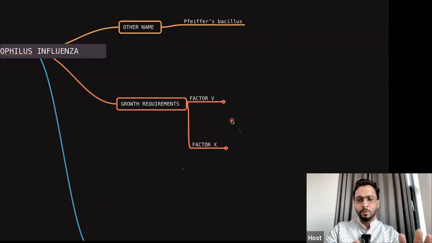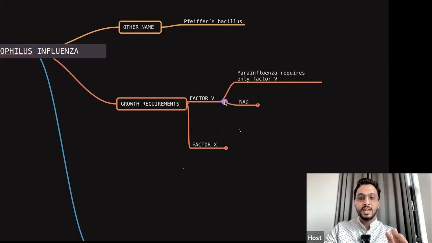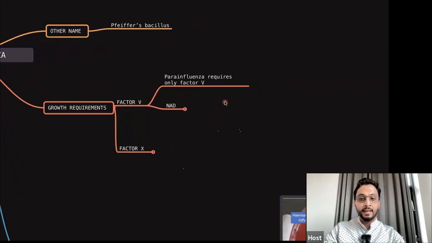Factor 5 and factor 10 are needed if you want to grow Haemophilus influenzae. When it gets into the human body, it takes factor 5 and factor 10 from the human body and grows. Another way to remember: factor 5 is also called NAD. Have you learned biochemistry?